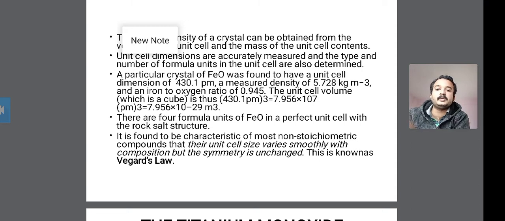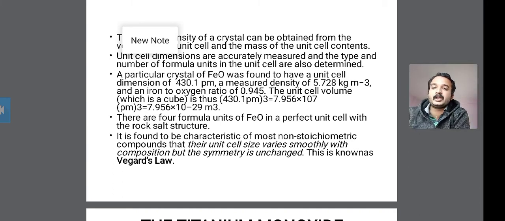The unit cell volume, which is a cube, is thus 430.1 pm cubed, about 7.956 times 10 to the 7 pm cubed. This is all about the evaluation of the FeO crystal's unit cell dimension.